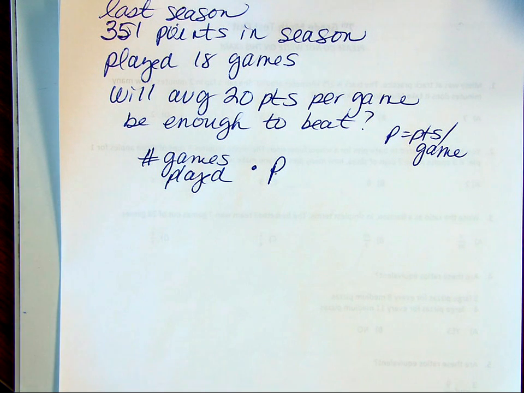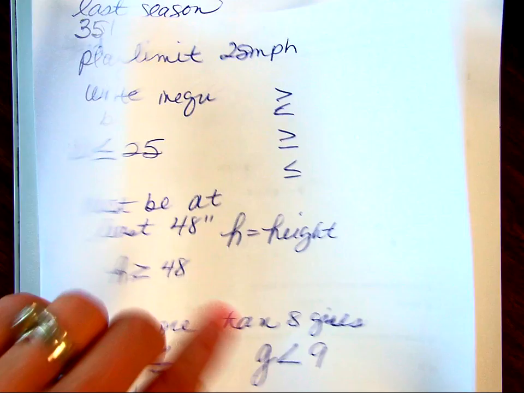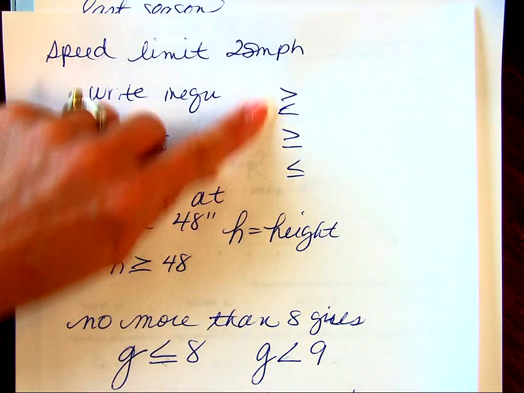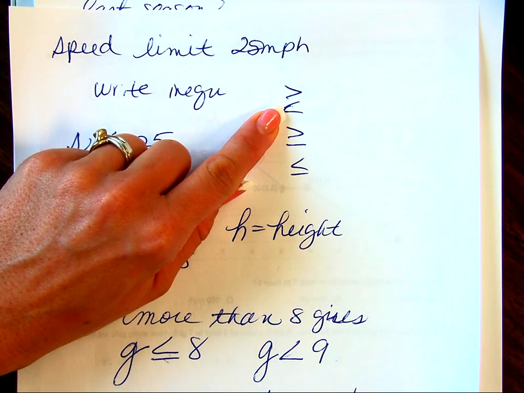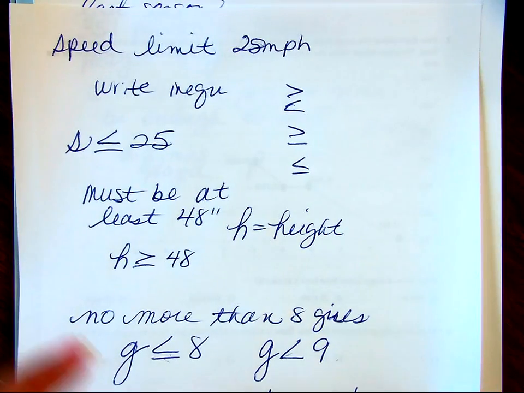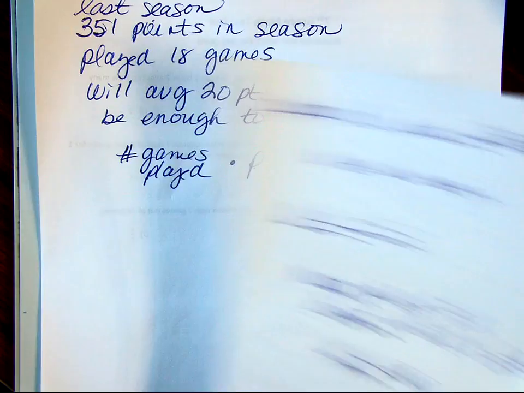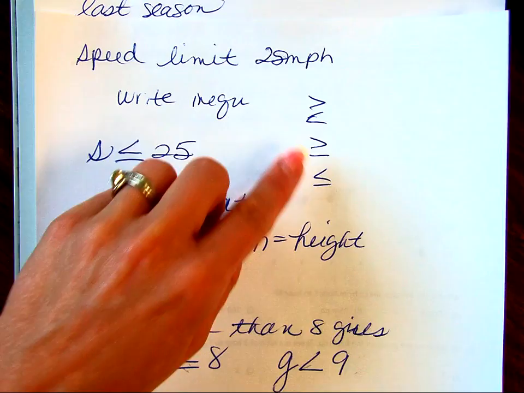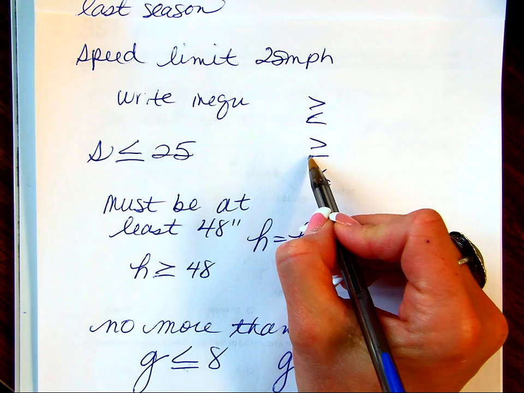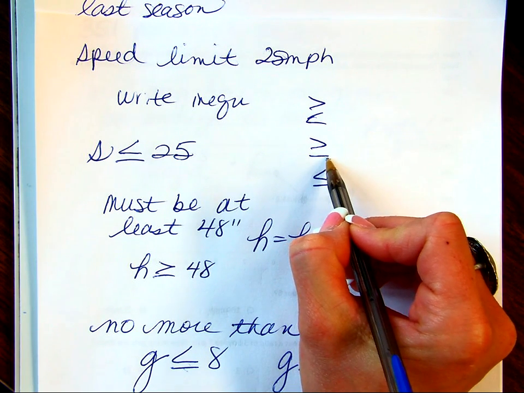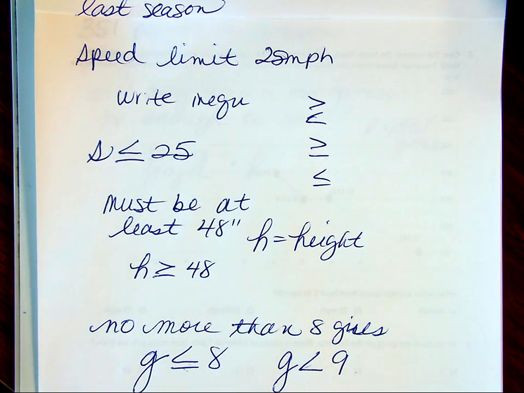I'm going to ask my kids to look at their times from Saturday and say, you want to beat your record, and each time get better and better. So which one of these symbols would you want? Do you want to get less than your time? Well, in terms of score, yes. But what don't you want? You don't want the line underneath it, because that would mean you tie it.